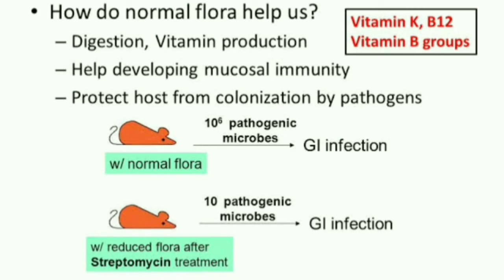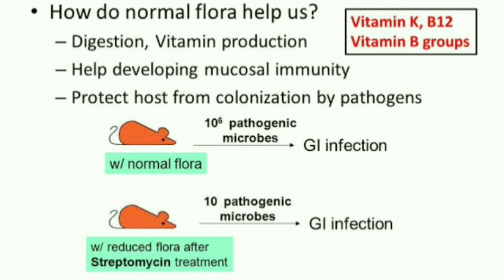Whereas when the normal flora is reduced, as we discussed in the earlier slide, one of the factors that results in reduction of normal flora is antibiotics. That is, if we consume more antibiotics, it results in a reduction of the normal flora.